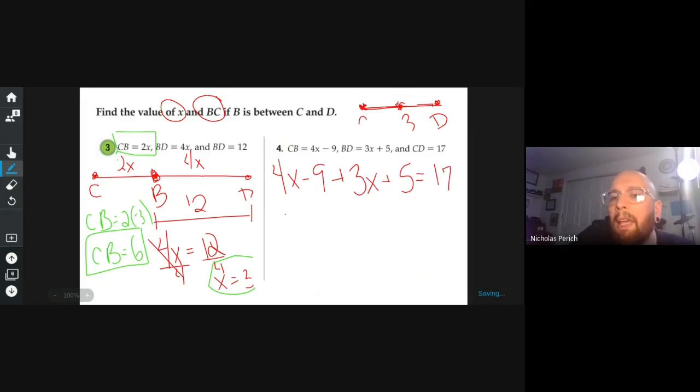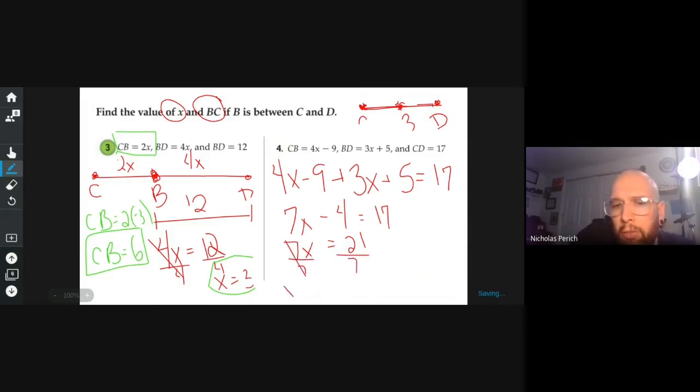All right, so that became 7x. That became minus 4. Add 4 to both sides. Right? Better. Divide by 7. X is 3. So that's much more pleasant than the ugly fraction that we got.